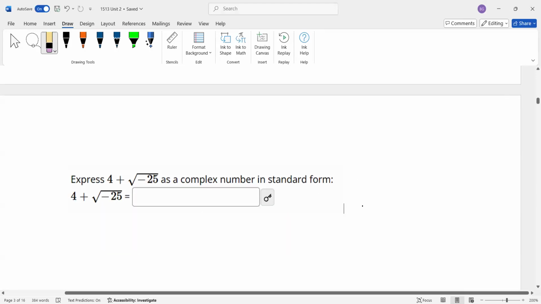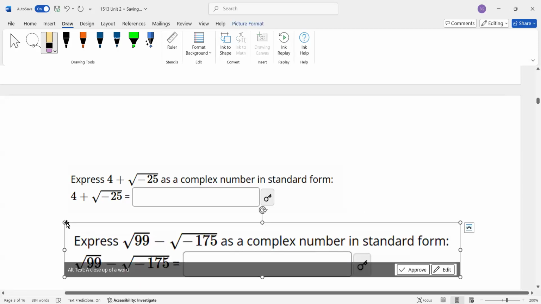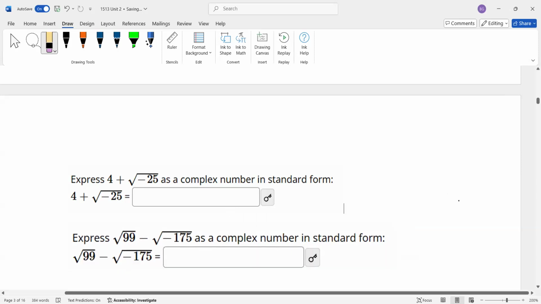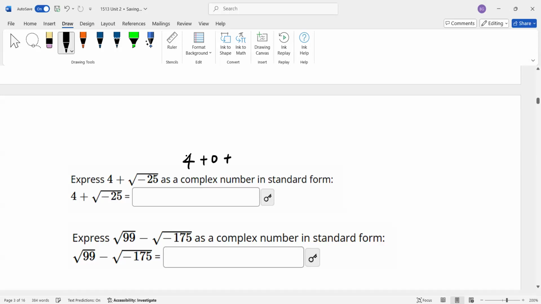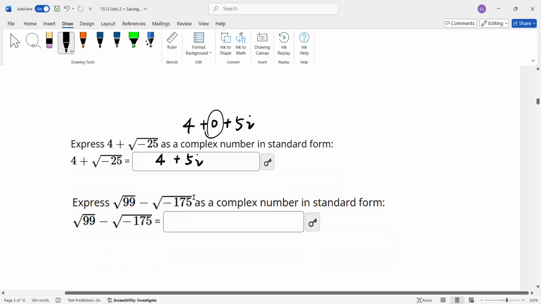Oh, actually, you're right. I didn't see the 4 there. It's more complicated. Yeah, 4 plus root -25. Can you say that again? Yeah, Michael: 4 plus 0 plus 5i. We don't really have to write a 0, but thank you for the consideration. Yeah, it's 4 plus 5i. Very good. Perfect.